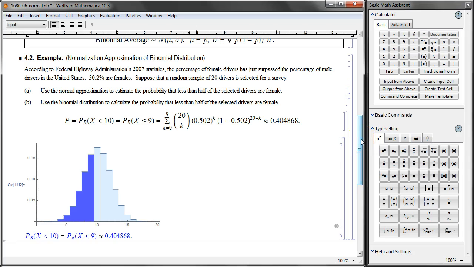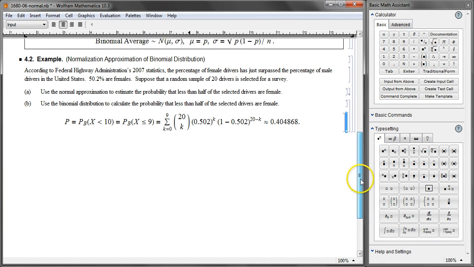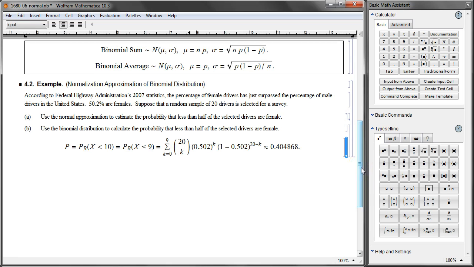And, well, you can even draw the histogram for that. Less than or equal to 9, we just include all those dark blue rectangles, and everything to the right, all those light blue rectangles, we just leave out. In any case, we get this probability, 0.404 something.